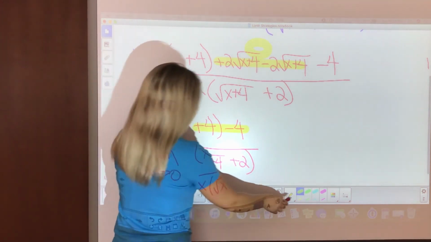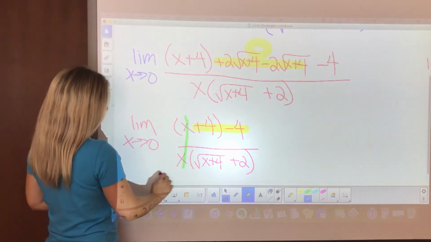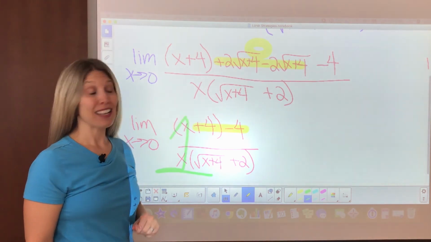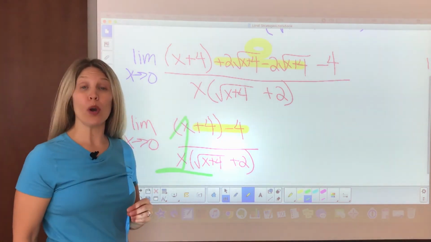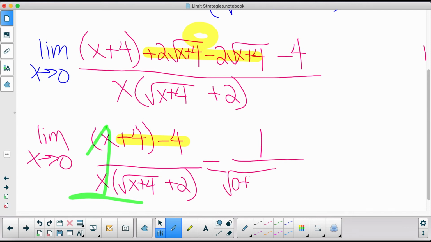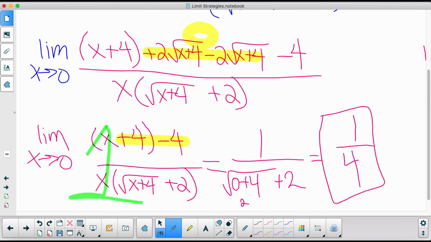When they drop out and become 0, hopefully you see this guy becomes a 1. So at this point, all you have to do is plug in. Now remember, you have a 1 in your numerator. And on the denominator, you have the square root of 0 plus 4 plus 2. This is just a square root of 4, which is going to be 2. So you have 1 over 4, 1/4 for your answer.